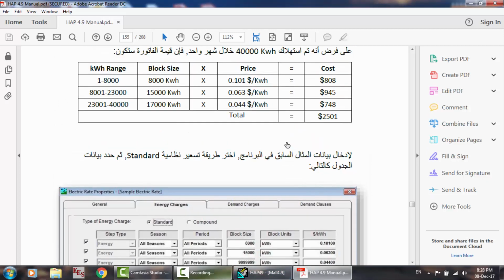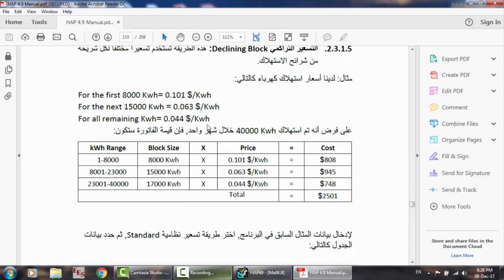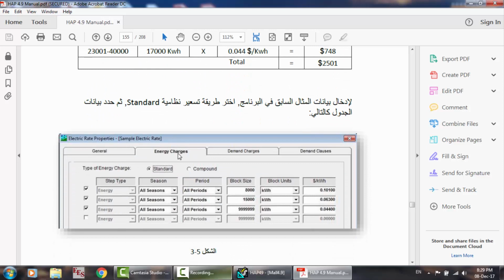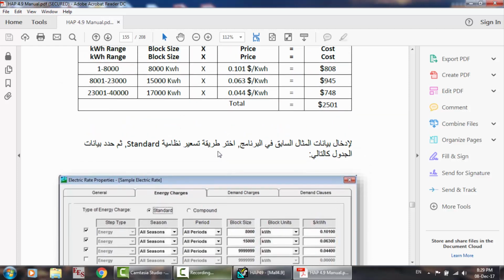So, gentlemen, again, please. If you have 40,000 kilowatt hour as the energy consumption for 1 month, and for each block you have dollars per kilowatt hour, and they are different from the other sizes, you have to make it like this.